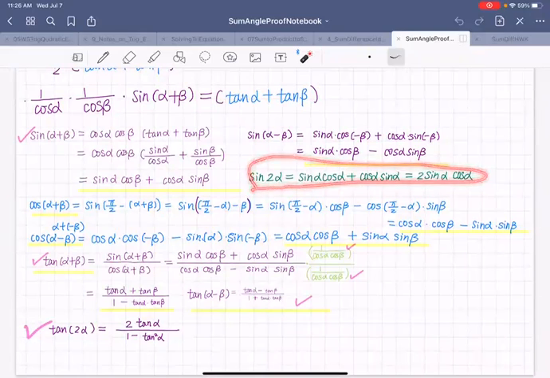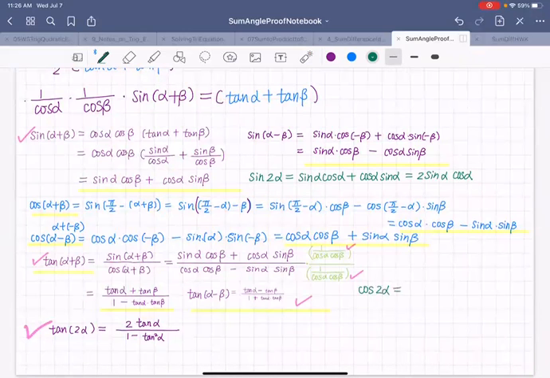Now we want to get cosine 2 alpha. Look at here. Cosine of alpha plus beta equals cosine alpha cosine beta minus sine alpha sine beta.